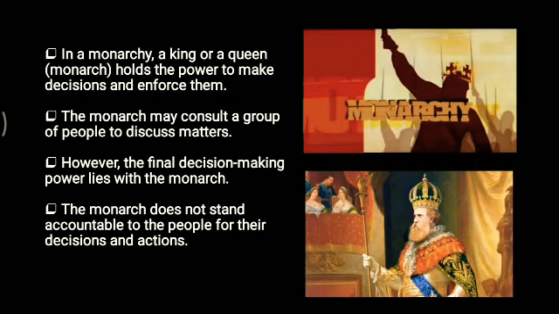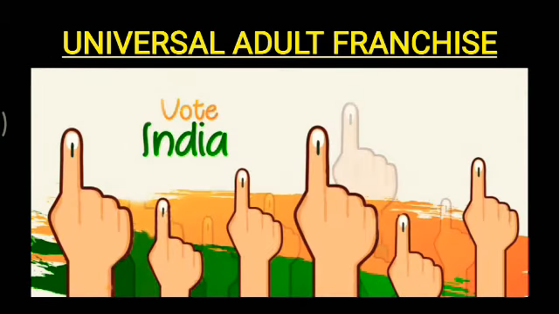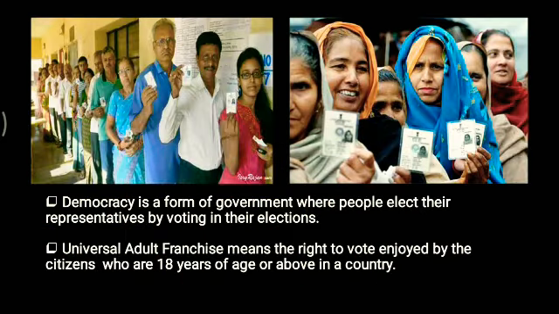Now, as we are talking about democracy, the most important thing that we have is the universal adult franchise. Democracy is a form of government where people elect their representatives by voting in the elections. The elected representatives then make and enforce laws on behalf of all the citizens of the country.